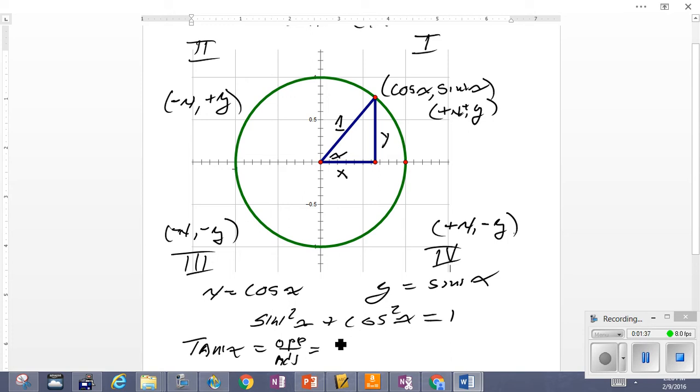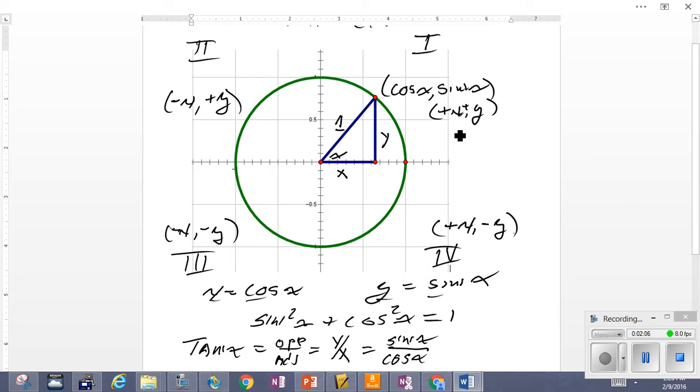So that's y over x, but y was synonymous with the sine of alpha, and x was synonymous with the cosine of alpha. So as not to get that confused, x and y are alphabetical, as are c and s, okay? So that's associating cosine with x and sine with y.